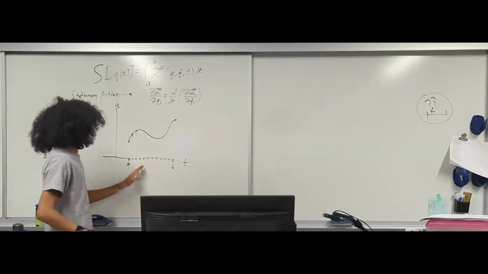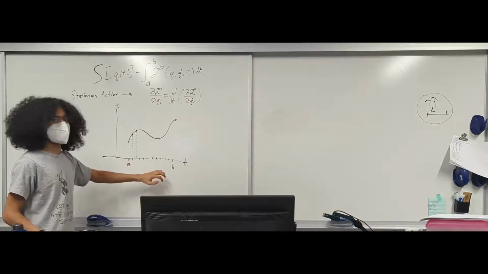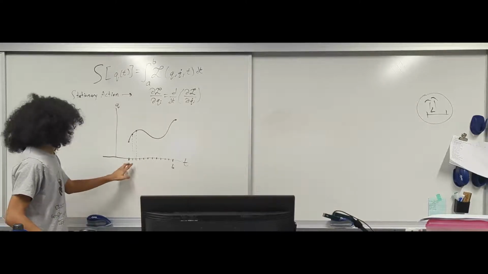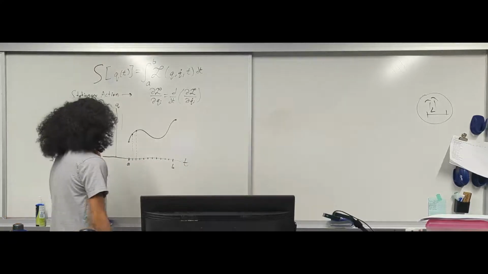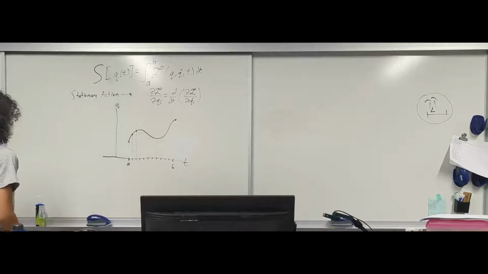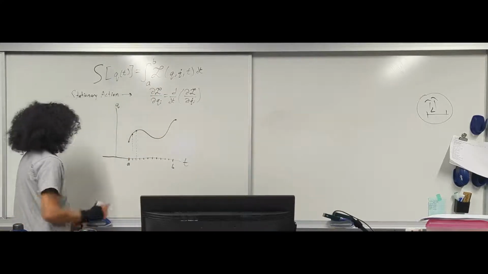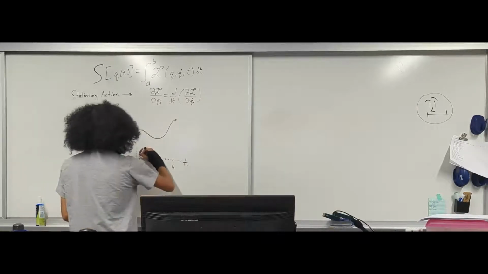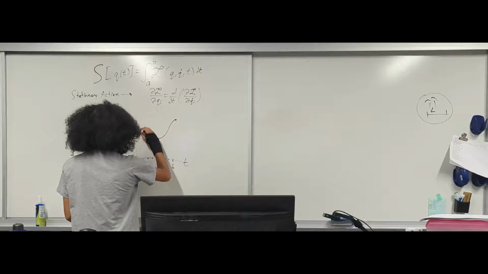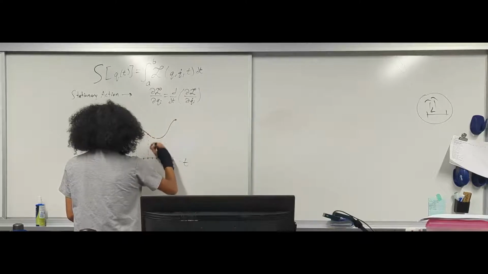Once we've done that for some finite number of chunks, we then take the limit as we increase the number of divisions of the time interval. The thing is, though, that the Lagrangian doesn't just depend on the position, it also depends on the velocity. So we have to figure out a way to determine what the velocity should be.